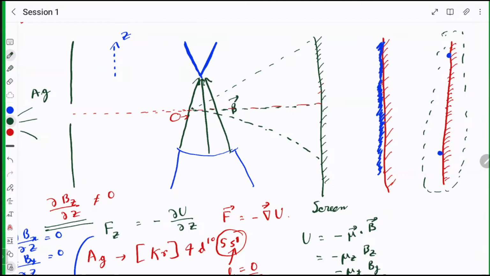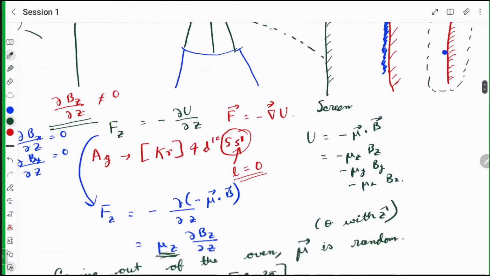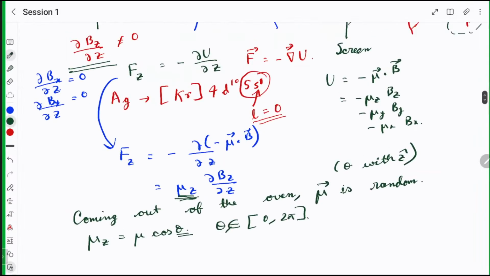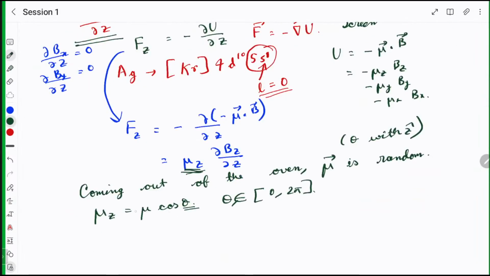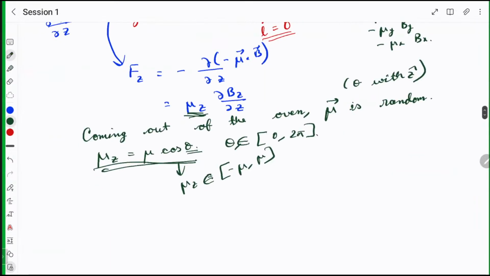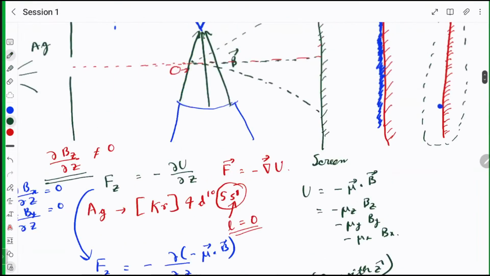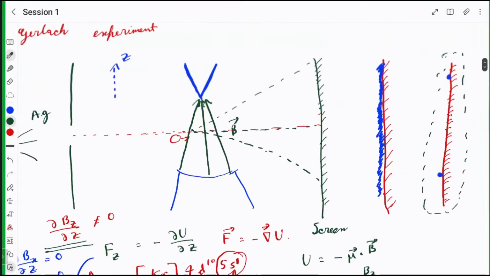So what this tells us is that mu z actually cannot have all the values from minus mu to plus mu, as was suggested by this relation. In fact, we get only two values.